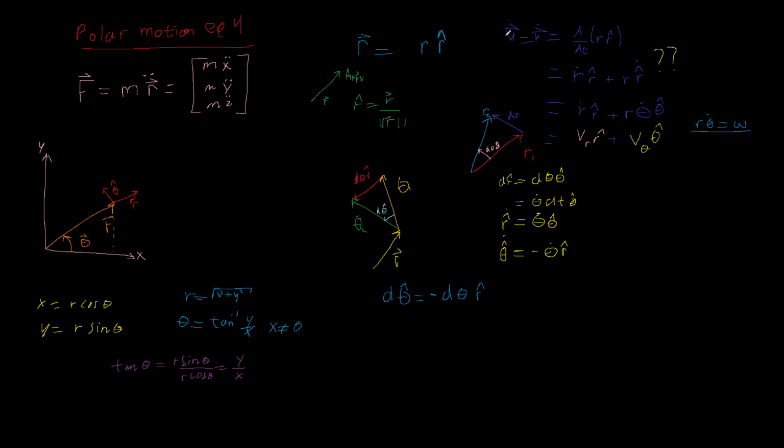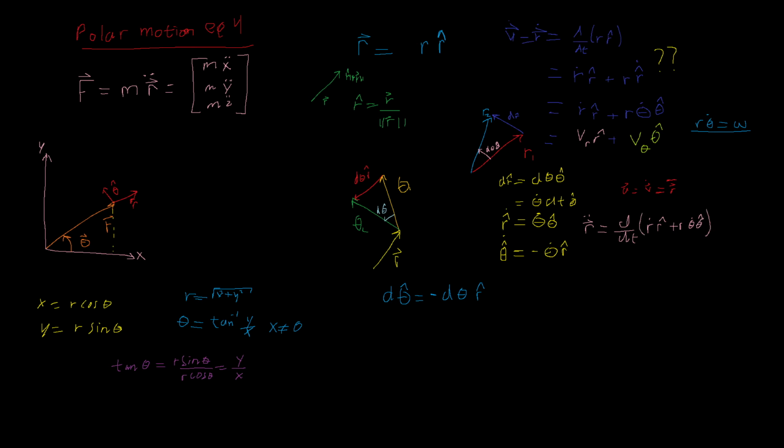What we actually want to do now is, now we found velocity, well, we know acceleration is equal to velocity dot, which is equal to r double dot. So now we want to derive acceleration from velocity. So we take the derivative one more time of this expression, d over dt, so r double dot is equal to this, of r dot r hat plus r theta dot theta hat.